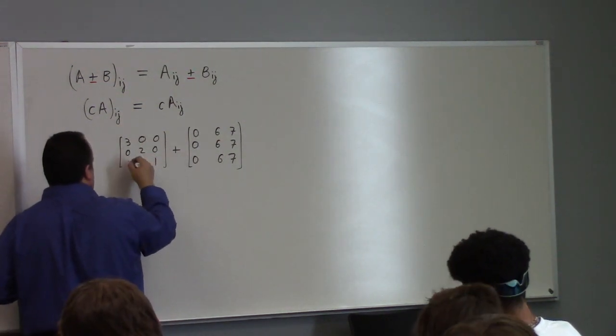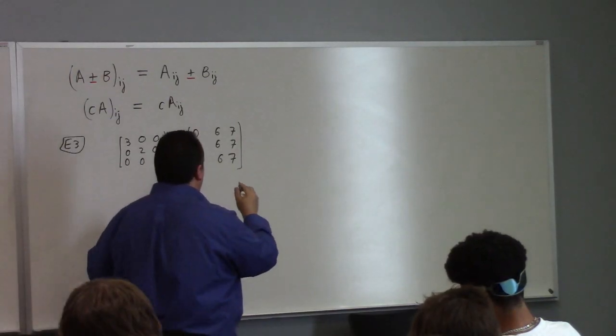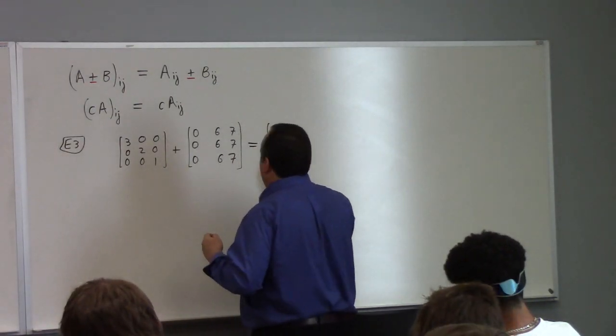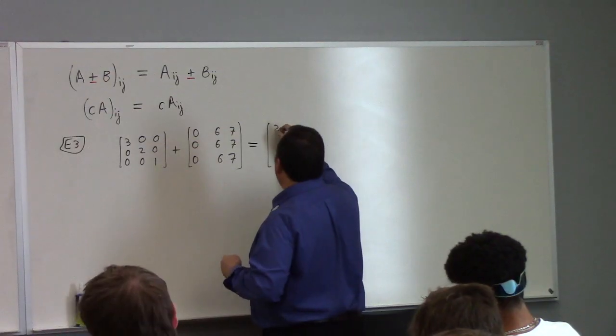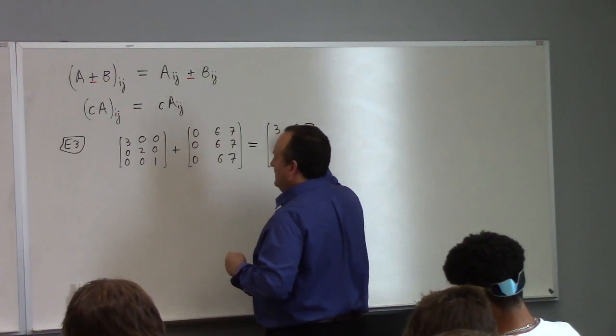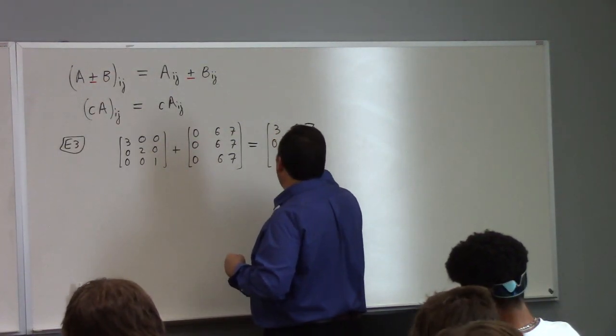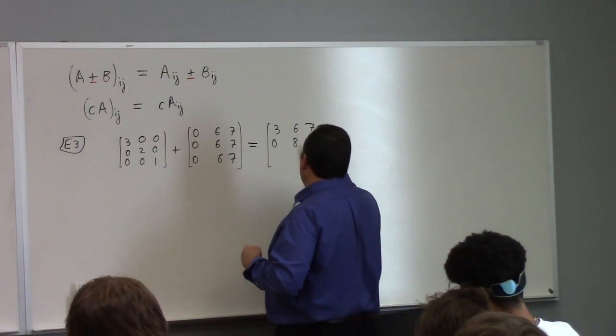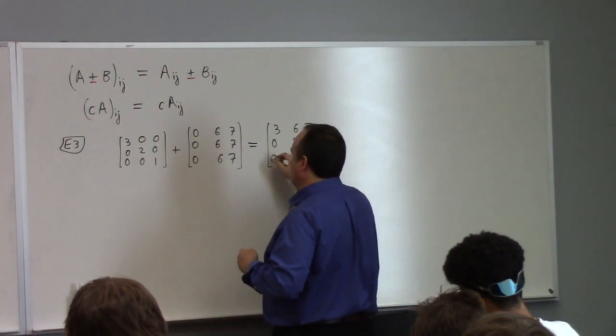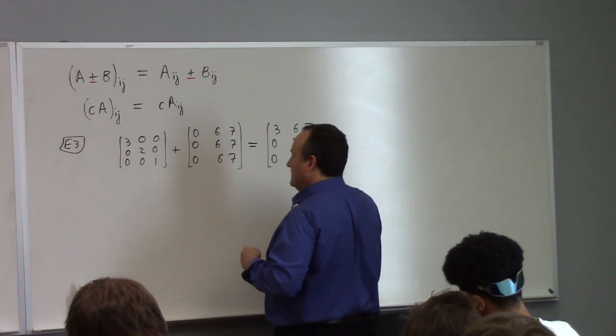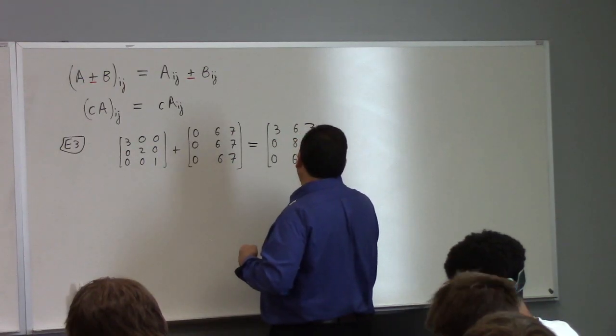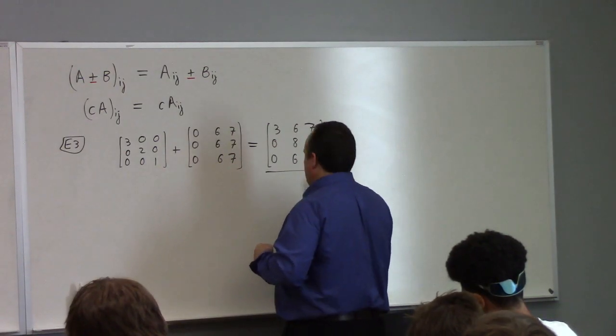We can add these matrices because they're both 3 by 3, right? And so I get 3, 6, 7, 0, 8, 7, 0, 6, 8. There you go.